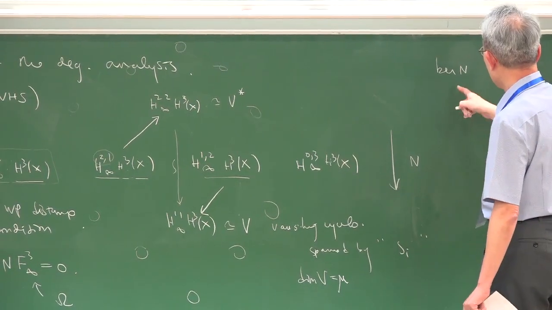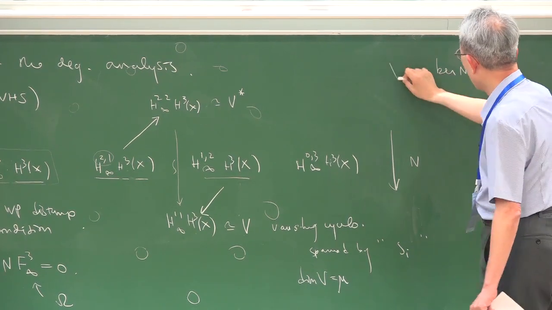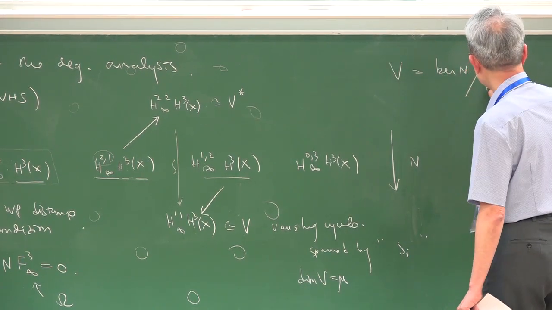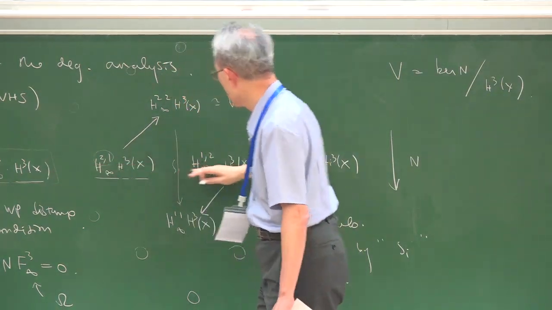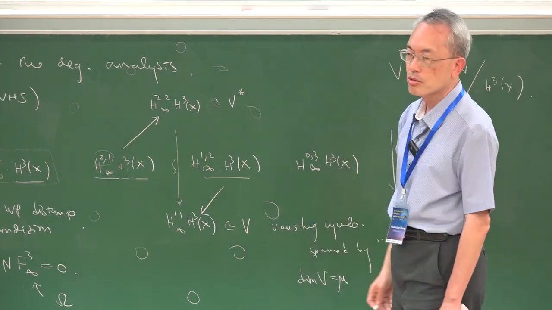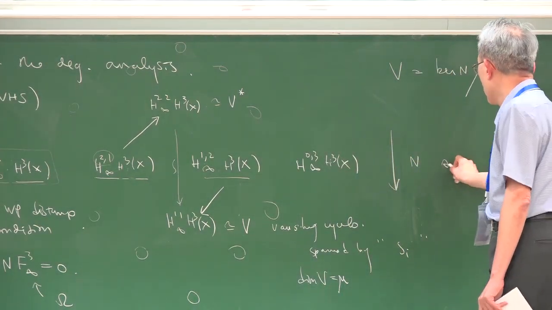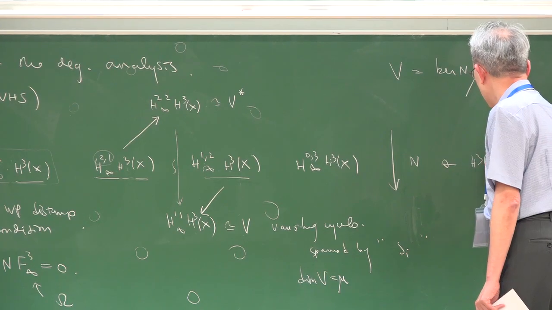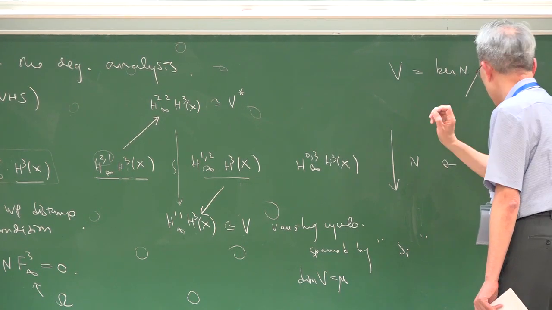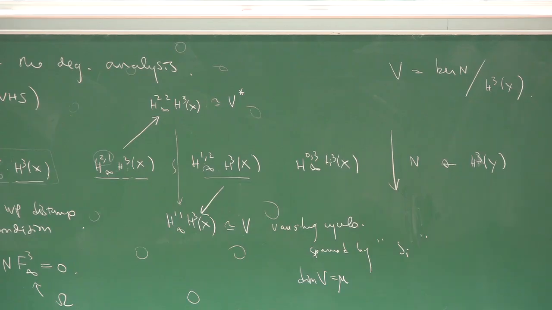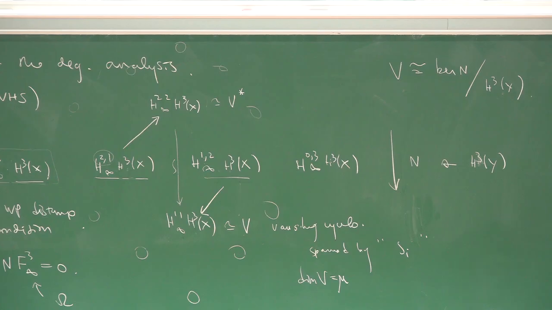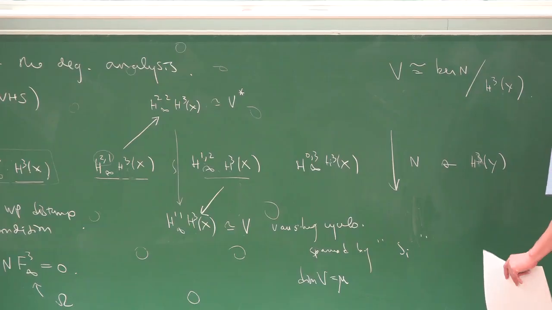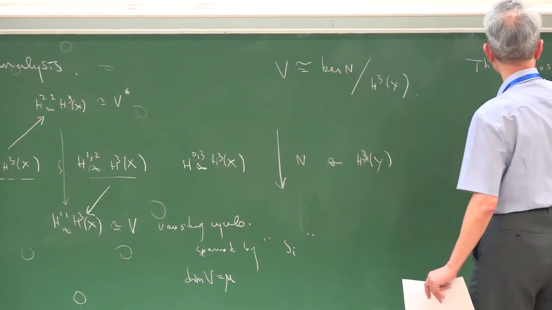And if you take away H3 of Y, because these three just correspond together, this gives you the original Hodge structure of Y. So you get this identification. To summarize this together, then you get the so-called basic exact sequence.